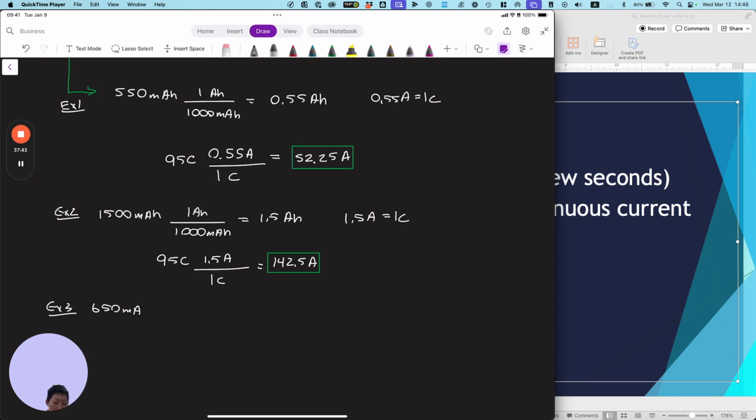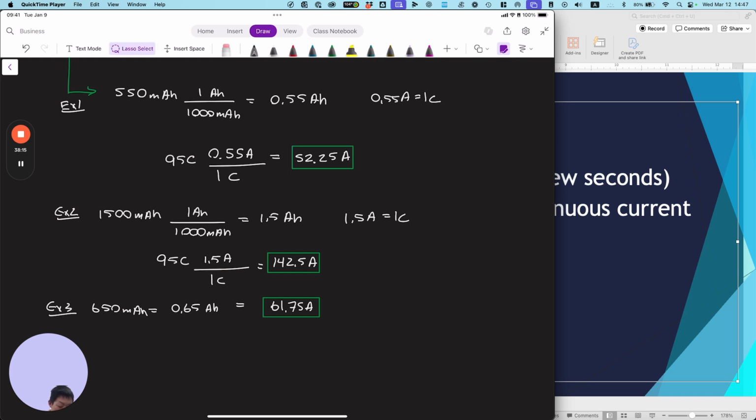If we had a 650 milliamp hour battery, which is the same as 0.65 amp hours, you take your percentage, which is 95. So what's 95% of 0.65? 61.75. Yeah, that might actually be faster.